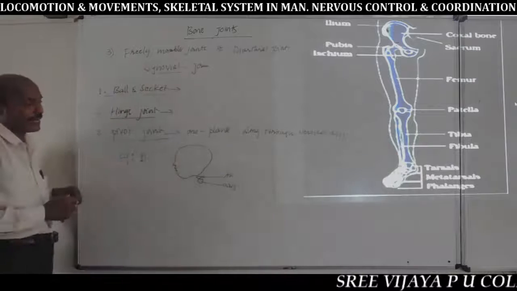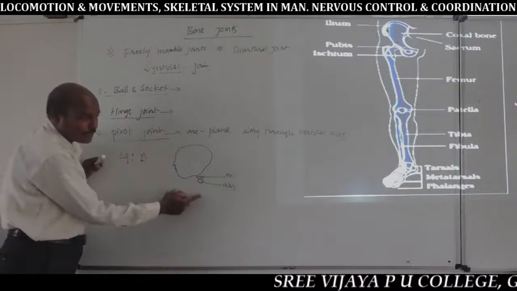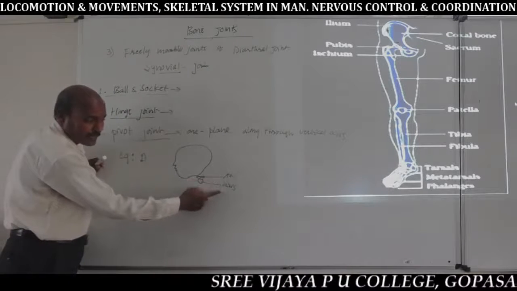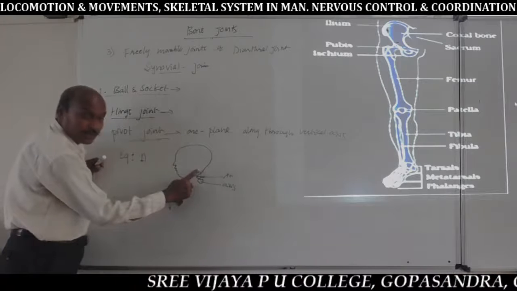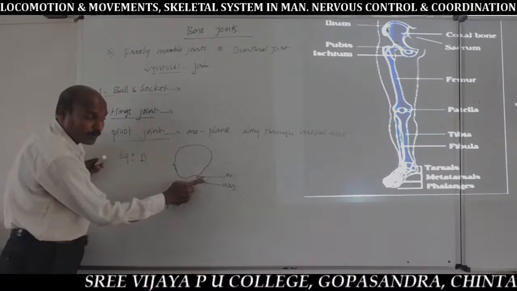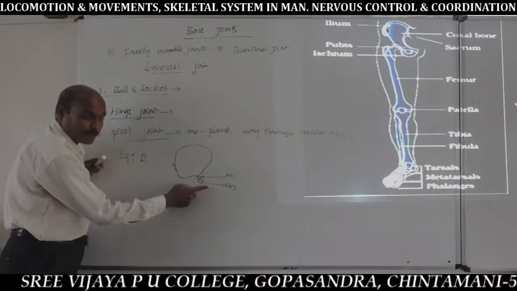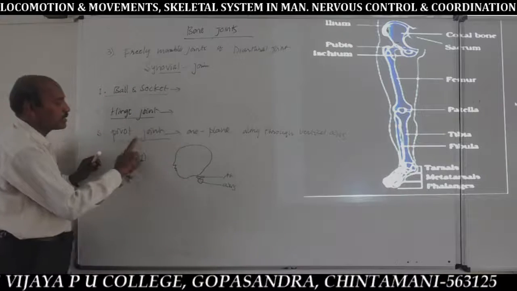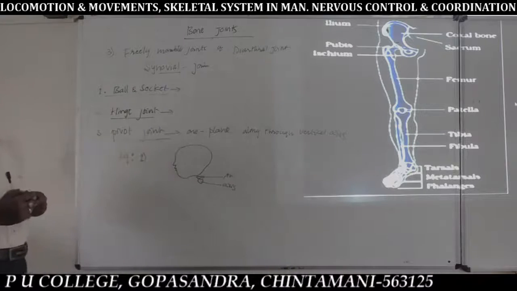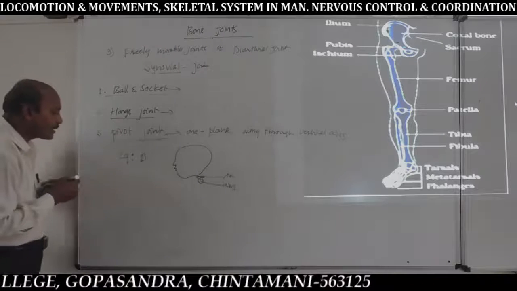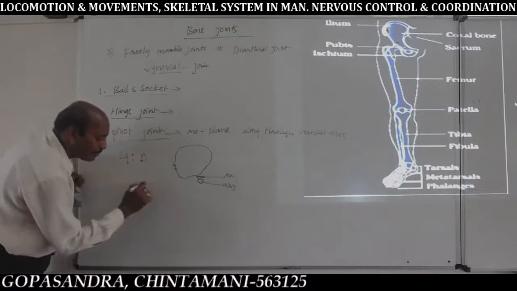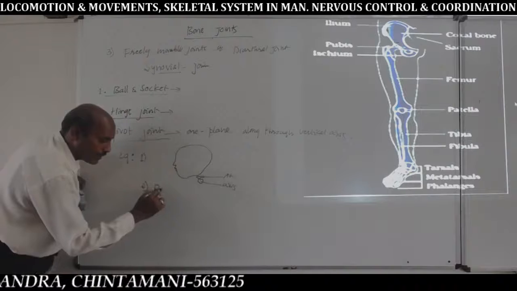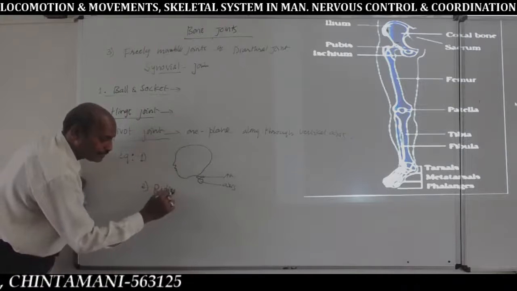In the pivot joint, the movement takes place between atlas bone and axis bone. Very important. Atlas and axis bone is the good example of a pivot joint. And the next example, second example, is the radius and ulna.